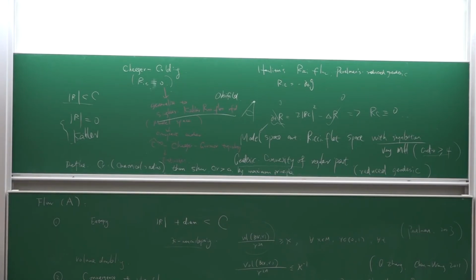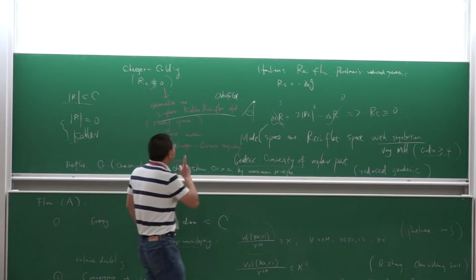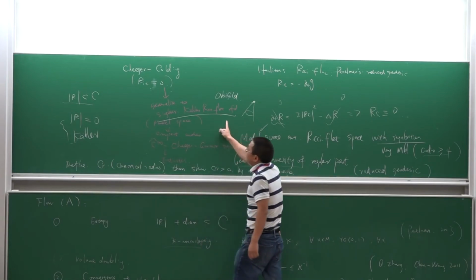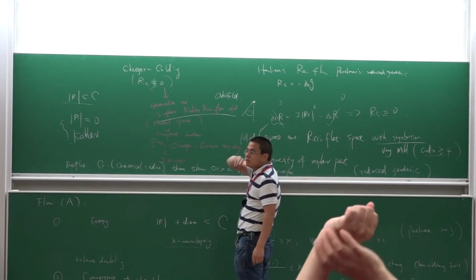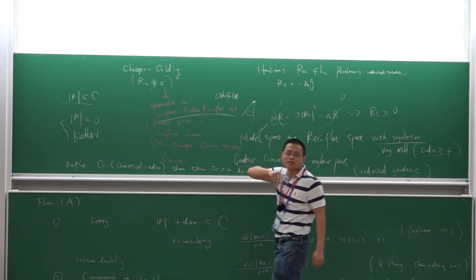So using these you try to get the curvature estimate. You do have some a priori estimate, which is in comparison geometry style. So we use space time. The observation is that you regard the Ricci flow as a space time. Then the interesting thing is the convergence of the space time.